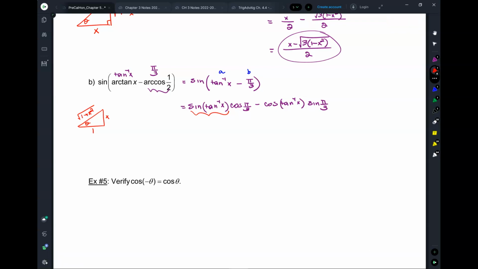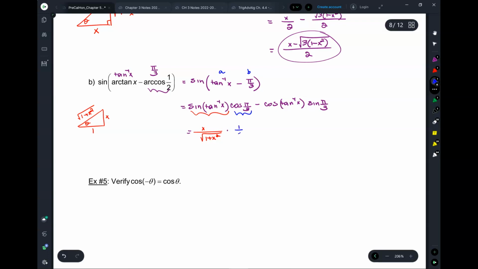Okay, so this one is the sine. Sine of this is opposite over hypotenuse. So let's do that, times cosine of pi over 3. So it's just 2 root 1 half.